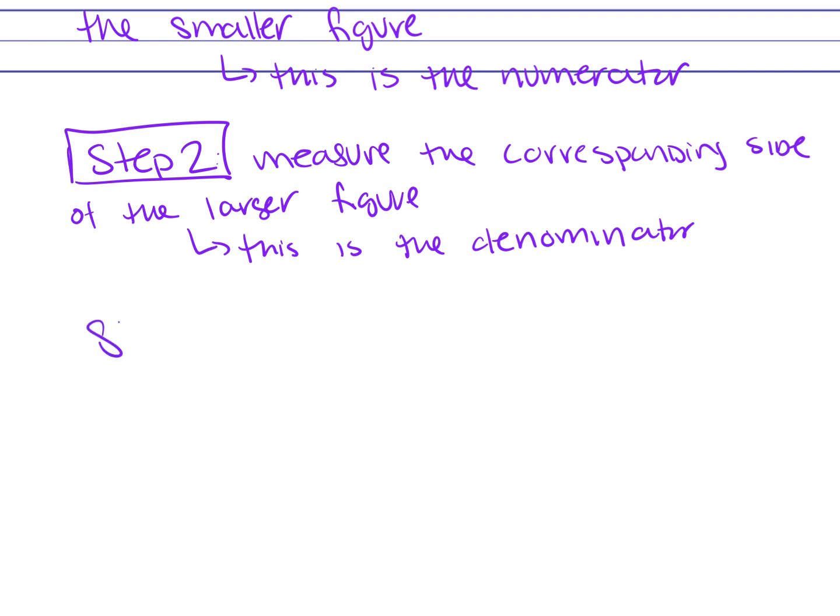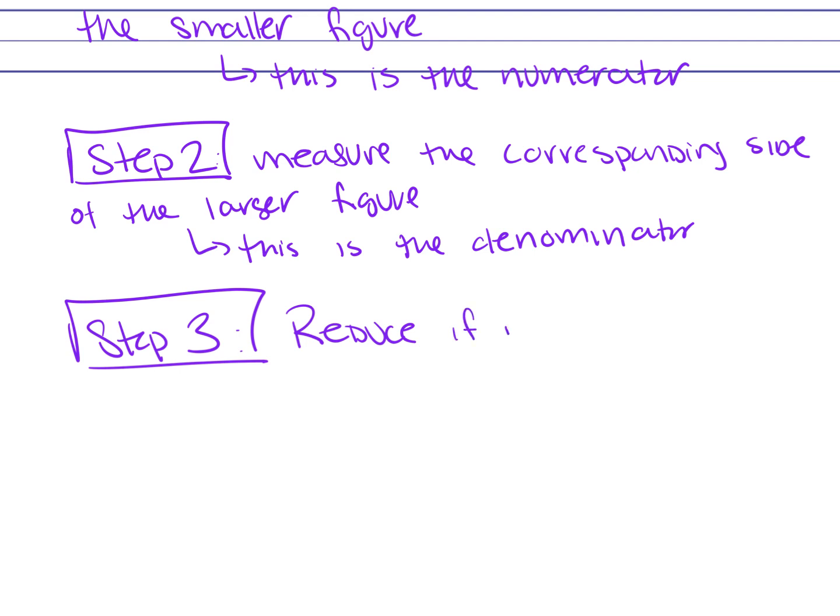Step 3. Now you have a fraction, and you need to make that fraction smaller if you can. So we're going to reduce if needed. That means divide and make the fraction smaller if you can.